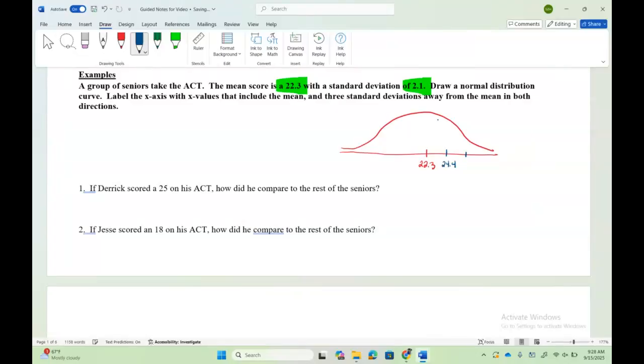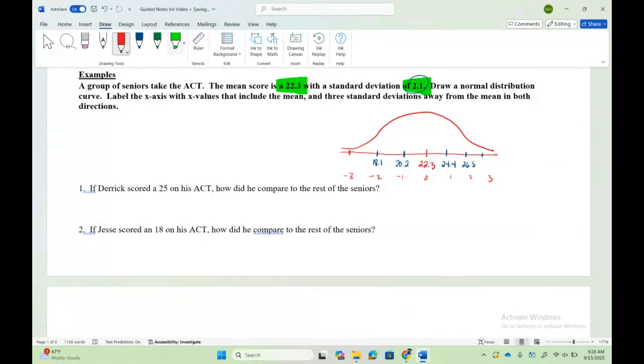I could add another 2.1, which is my standard deviation, get 26.5. I could also subtract my standard deviation and have 20.2, and I could keep going and have 18.1 and so on. Now what we're going to do when we standardize this, which we'll get to, is we'll say 0, 1, 2, 3, and -1, -2, -3.